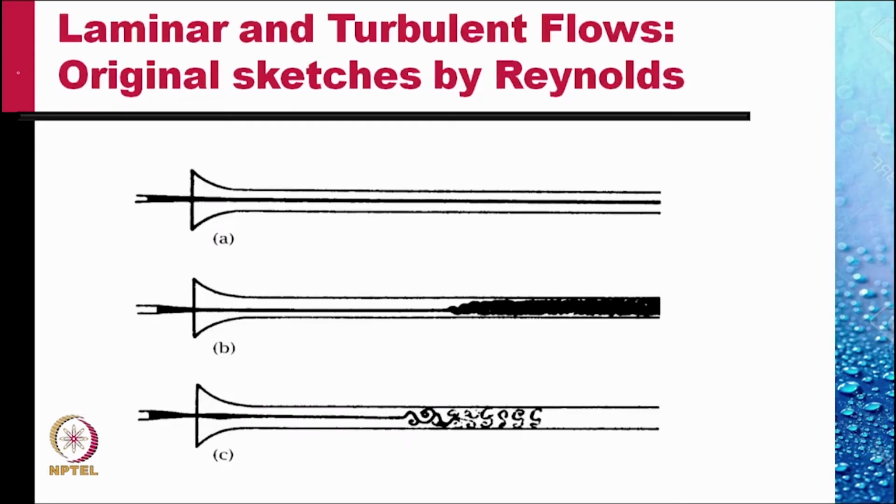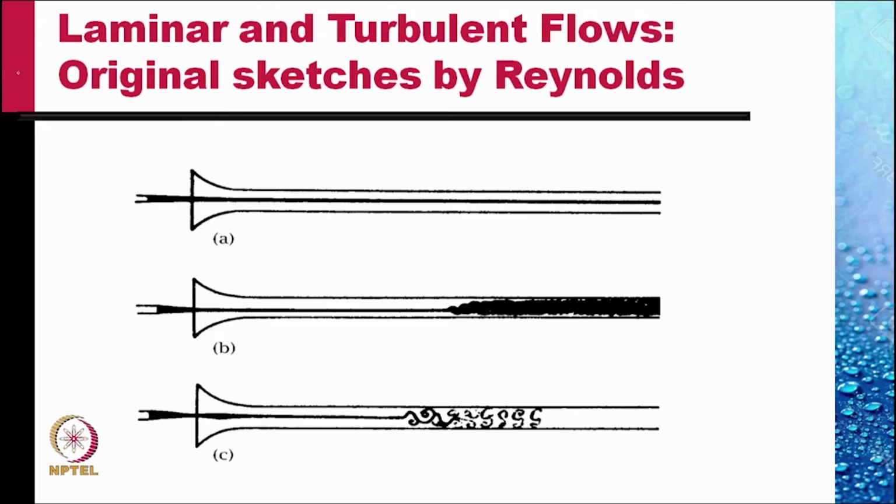The dye came on as a streak, and he studied how that streak behaved as the time passed on. These are the sketches from the first paper of Reynolds. He found out that when the speed of flow was low, the streak appeared as a smooth filament and went down the tube.